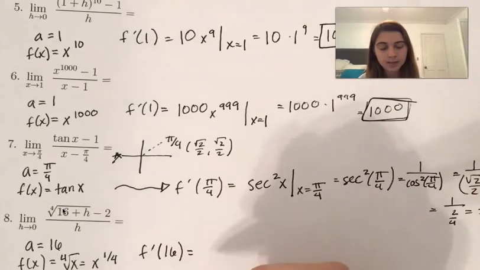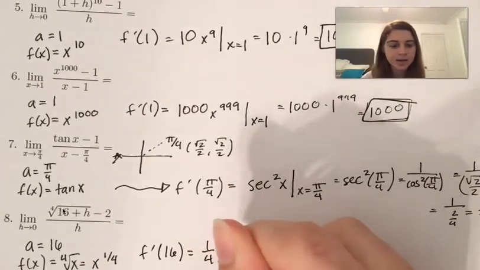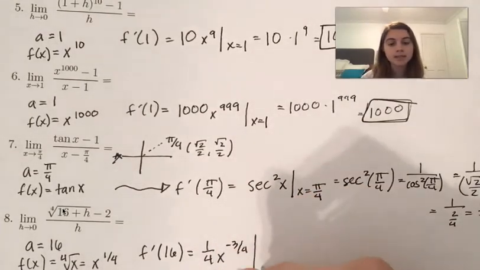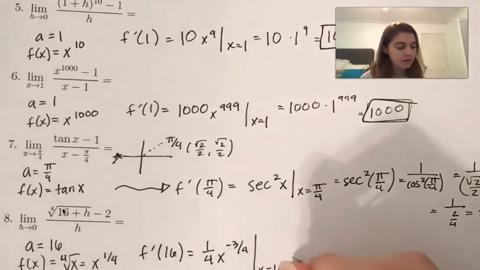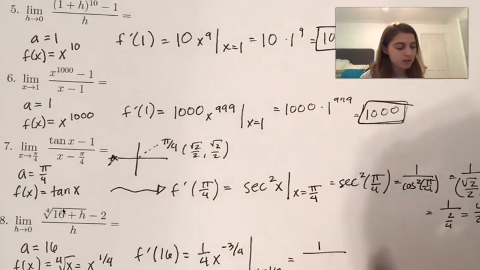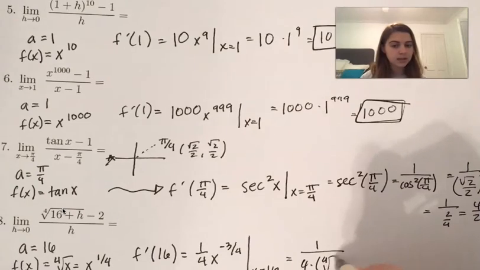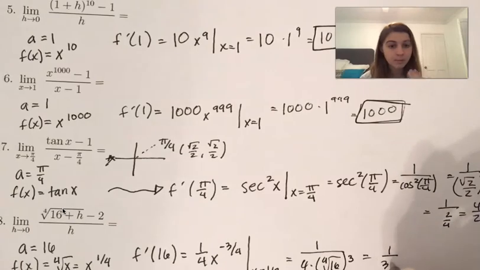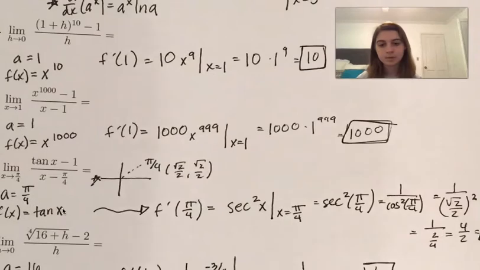Remember, you want to convert that because it's easier to take the derivative. 1/4 x to the negative 3/4, and then you plug in x equals 16. Convert that x to the negative 3/4. That's the same thing as the 4th root of 16 to the 3rd on the bottom of the fraction, and you get 1/32. That's just mostly practice at rearranging.